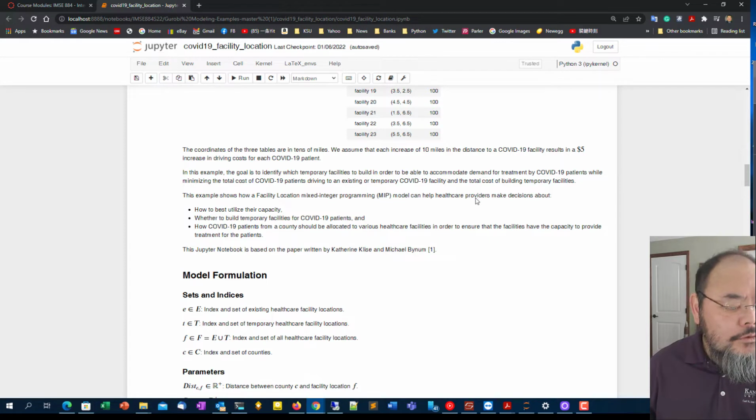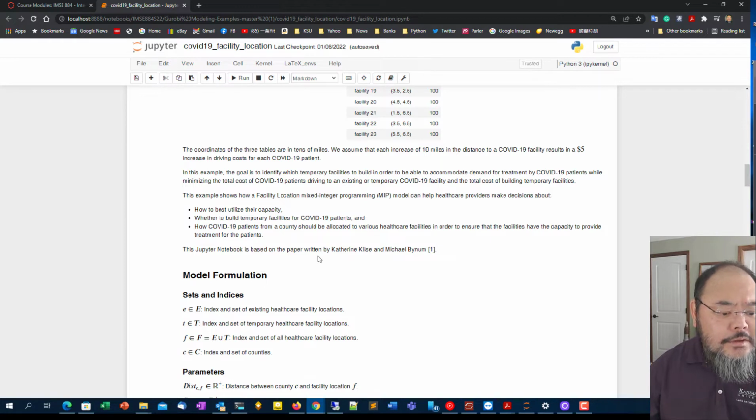First, how to best utilize their capacity: which facility covers which portion of the patients, whether to build a temporary facility, and at the potential temporary location, how the patients from the counties should be allocated to the various existing and potential facilities to provide the best treatment.